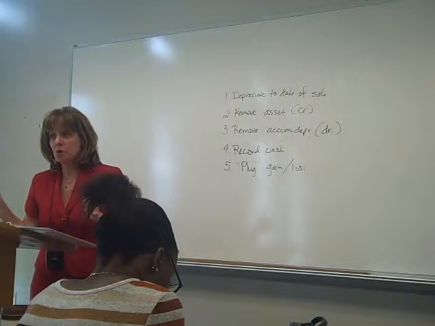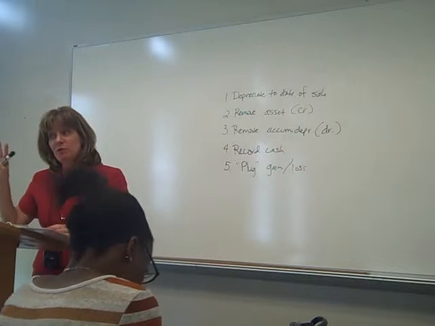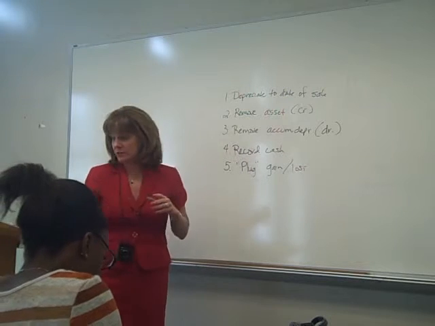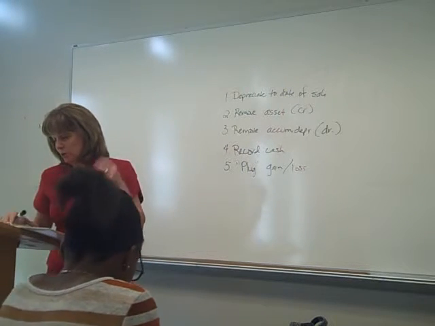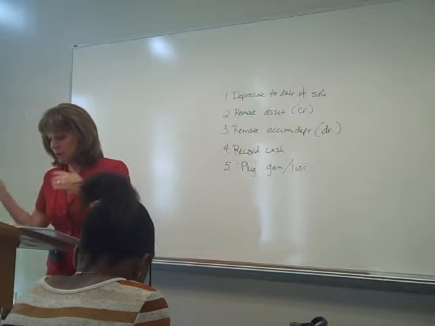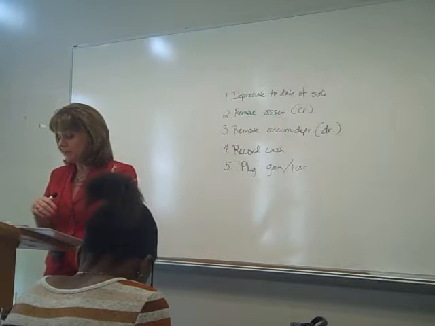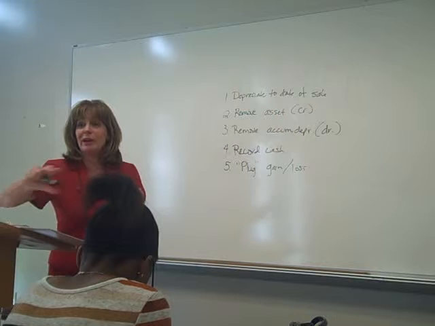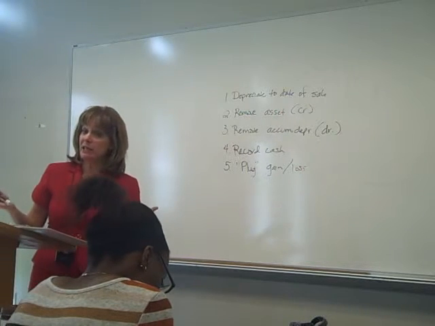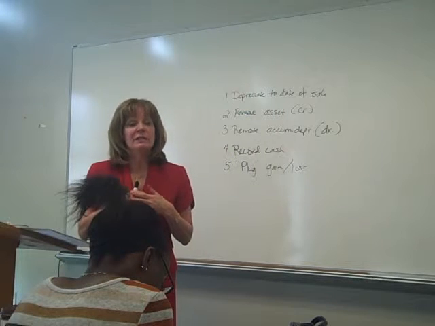But wait, there's more. Number 4, what if we sold it instead for $4,000? You see that? So again, depreciate to date, remove the equipment, remove accumulated, record the cash of $4,000, and it doesn't balance. We need a credit of $2,500. That is the gain. How did they get that $2,500? Our book value is $1,500.